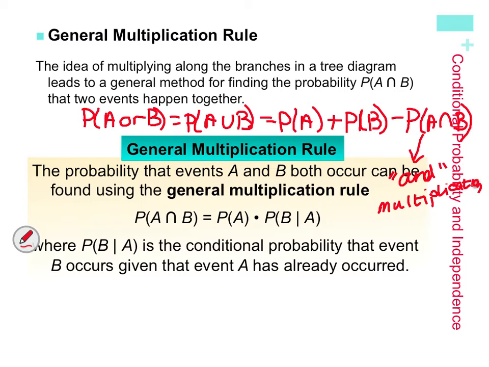This is for when you don't have a Venn diagram or the information to make a Venn diagram or a two-way table. Then you would have to rely on multiplication. To find the probability of A intersection B, or A and B, you take the probability of A, the first event, and multiply it by the probability that B will occur given that A already occurred, okay?